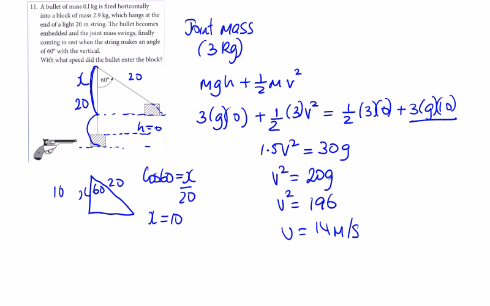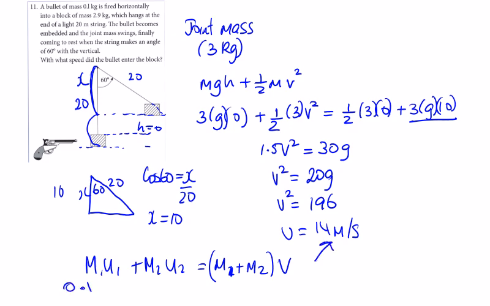So to go back and find the initial speed now, we have the second speed. We need to go back to our m1u1, m2u2. So I'll just write that down. m1u1 plus m2u2 is equal to m1u2. Although they're embedded now, so we can just add them together. m1 plus m2 times the second speed, which we've just worked out to be 14.